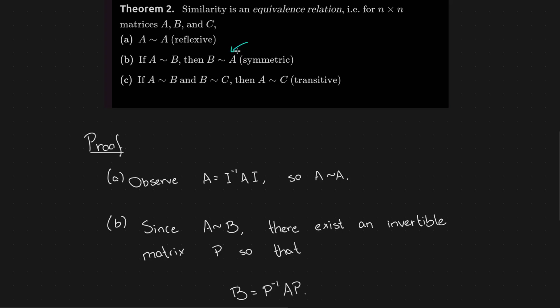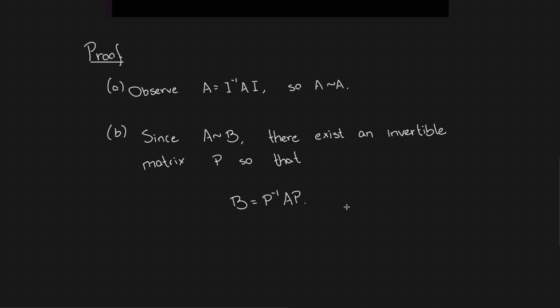So this means that A needs to be equal to the inverse of some matrix. I've already used P down here, so maybe Q. Q inverse B, Q. If I can show that that's also true for some matrix Q, then I'm done. Okay? So what I'm going to do is start by moving P inverse and P to the other side.